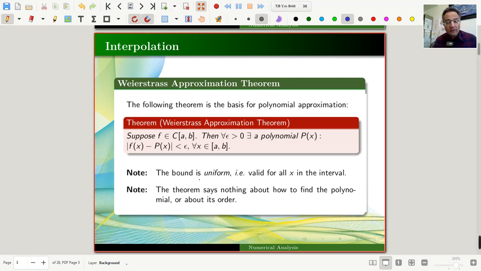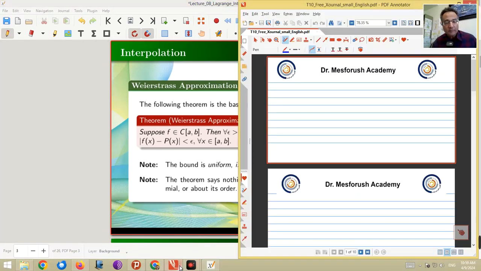And we note that the bound is uniform. In fact, it means that it's valid for all x in the interval. And the other thing is that this theorem says nothing about how to find the polynomial. The theorem just says that a polynomial exists. For example, suppose you have a point here, here, here, here, and here.